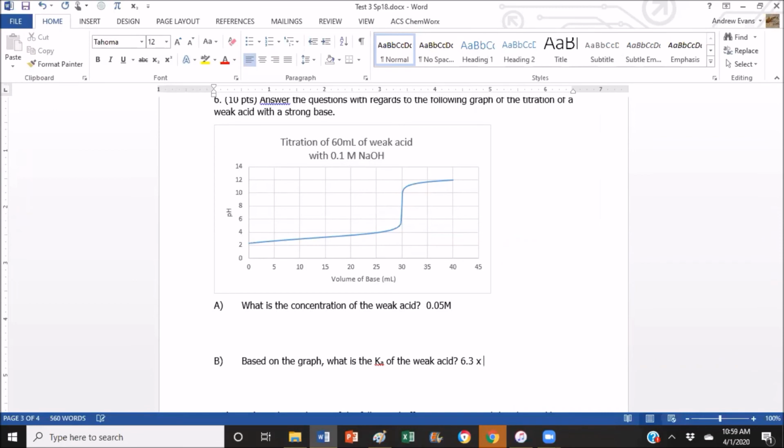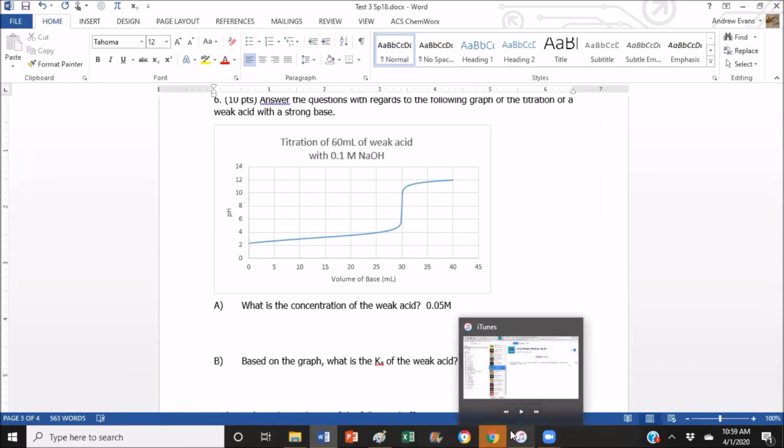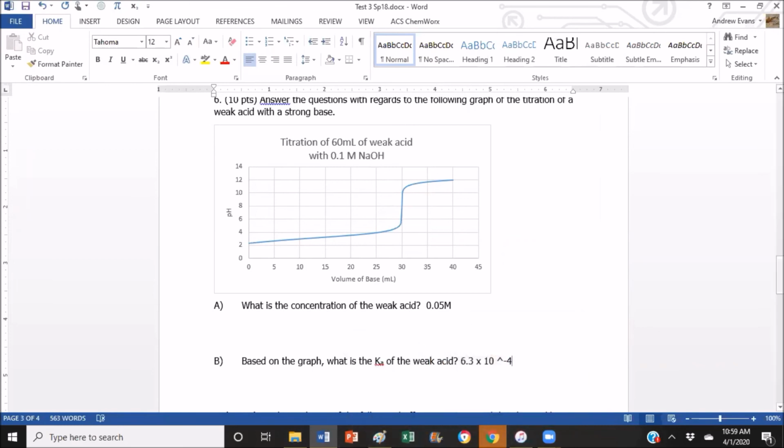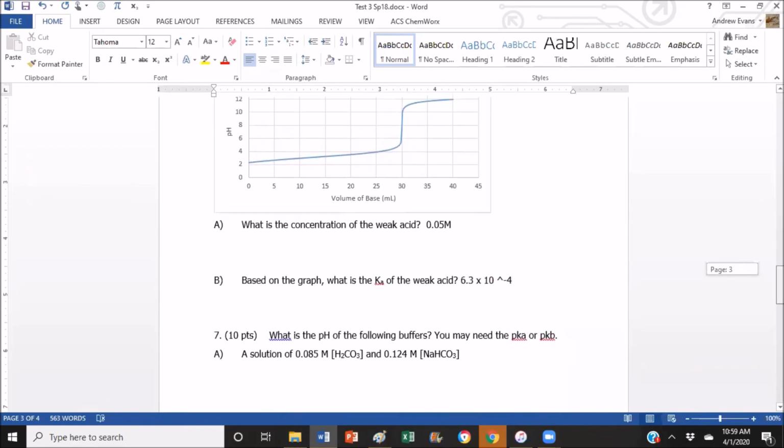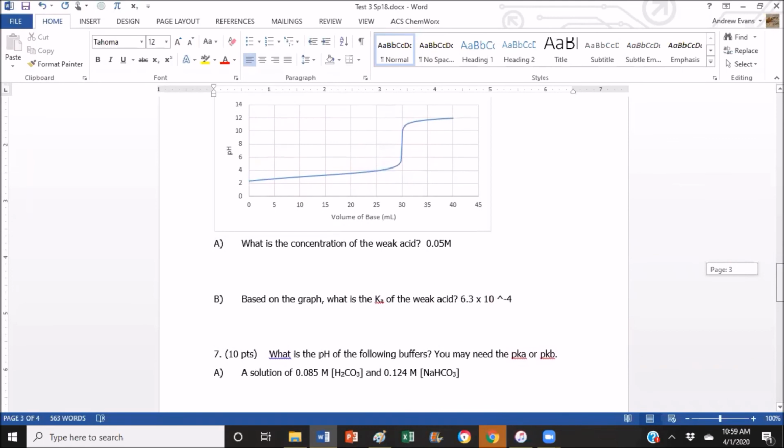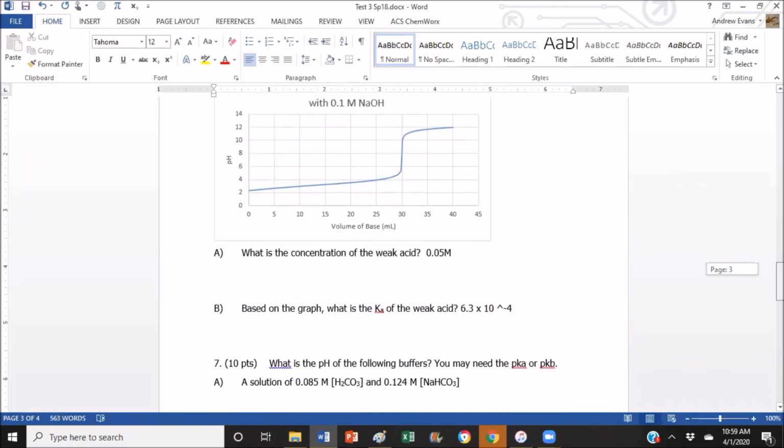Now, this number would vary for you depending on what you declared your pH to be at that point. So this would be a range of values, but that is acceptable. So that's something we have to keep in mind.